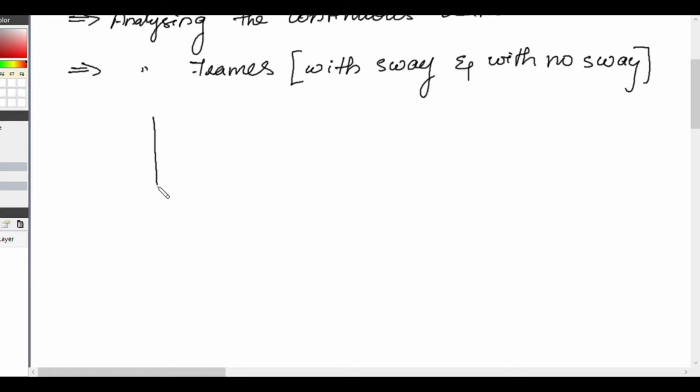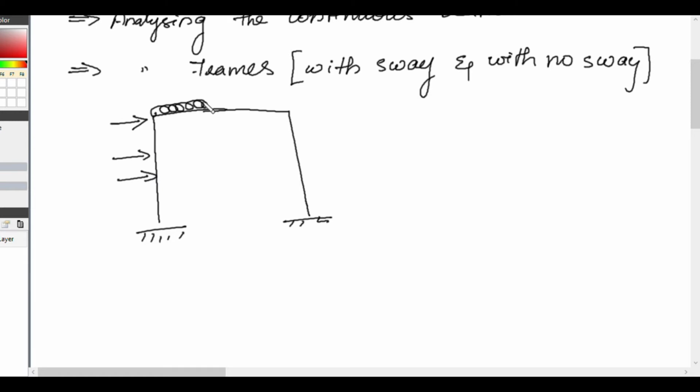Now, see, if this is called a frame, right? So, this is called a frame, and if there are some nodal loads or any other horizontal loads, or due to some eccentricity of loads, there will be a sway.